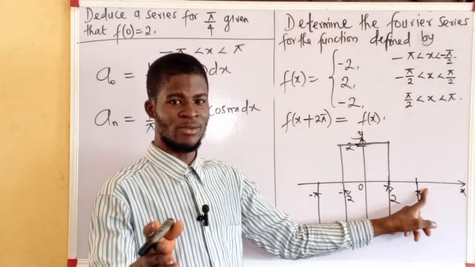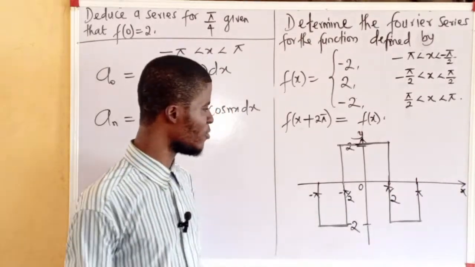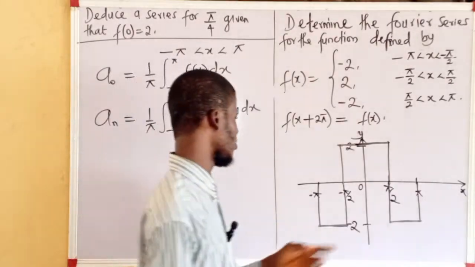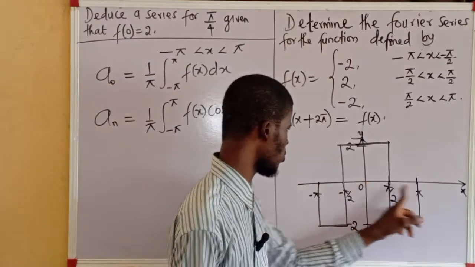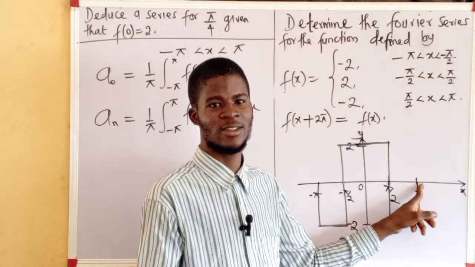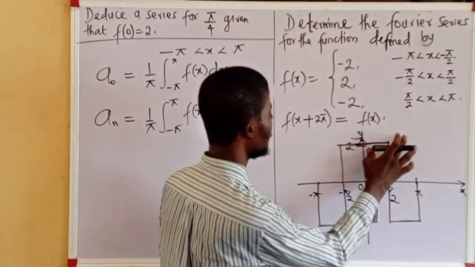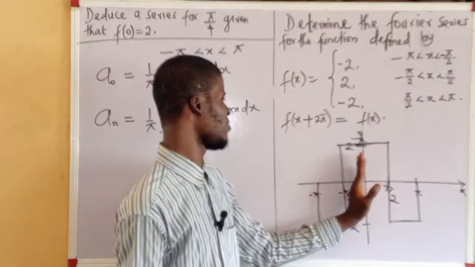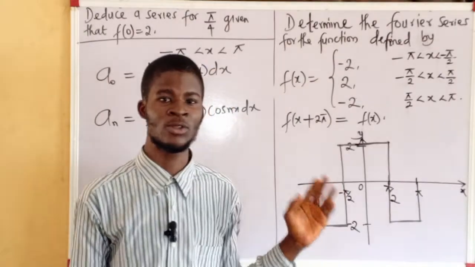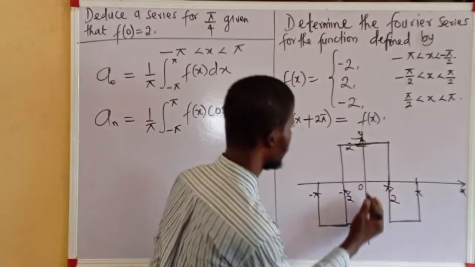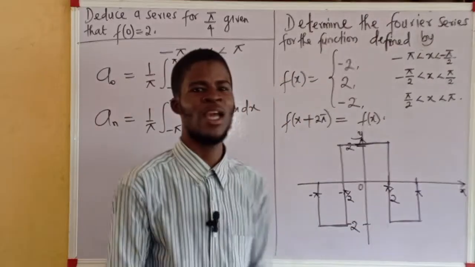since the function is even. Since this function is even, we can actually take the integral from 0 to pi and then multiply it by 2. You get it? The area of this right-hand side is the same as the area of this left-hand side because the two sides are equal. So why don't we just integrate from 0 to pi then multiply it by 2?